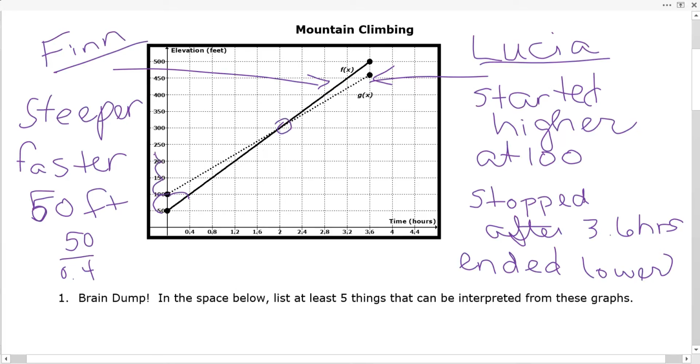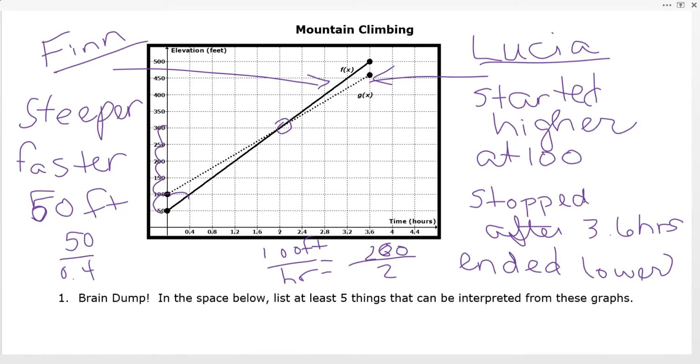So hers is going to be 200 over, she goes from 0 to 2. So hers is going to be 100 feet per hour. And I guess I could do Finn's the same place. His is going to go from 100 to 300.